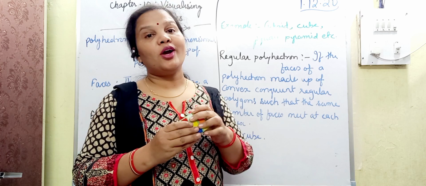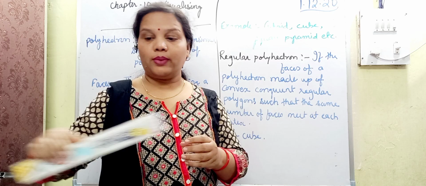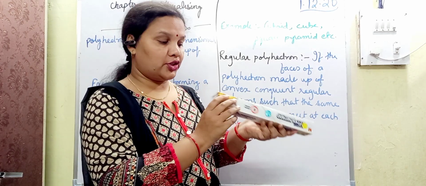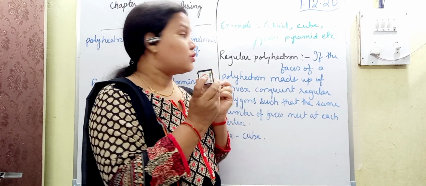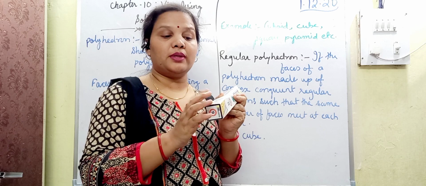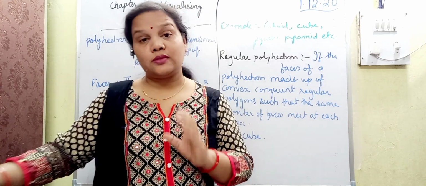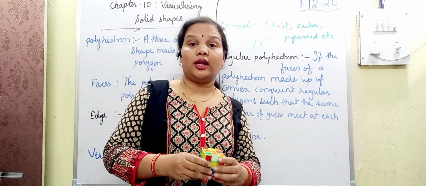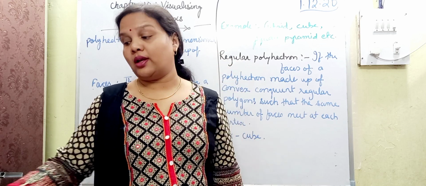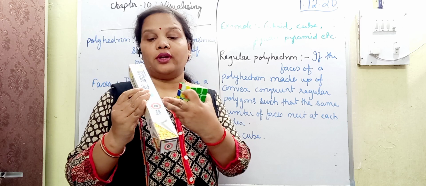But a cuboid is not a regular polyhedron. Why? Because you can see that this surface is rectangular, and this one is square, so they are not congruent regular polygons. Regular means that the shape of each face should be the same; only then can we say that it is a regular polyhedron. So a cube is a regular polyhedron, but a cuboid is not, because its faces are not all similar.